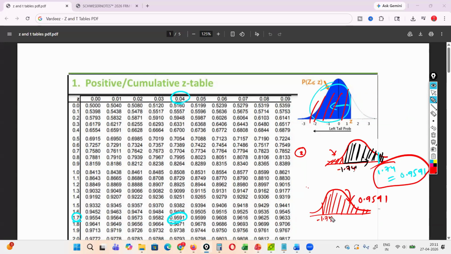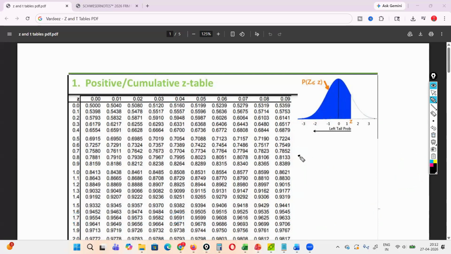Okay, so this is how you find the area which is greater than negative 1.74. Otherwise, you can find this area and subtract it from 1. You will effectively get 0.9591.